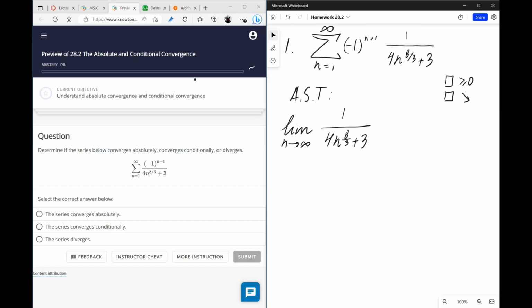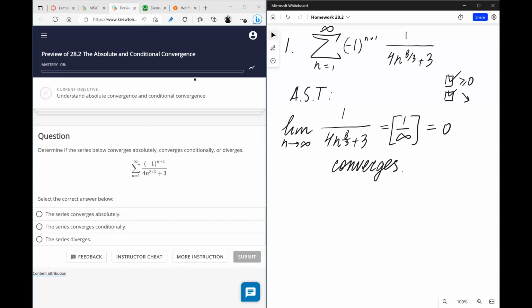To find the limit, it's pretty straightforward. It's 1 over infinity, so it has to be equal to 0. Now we can verify that it's positive and decreasing, and therefore by the alternating series test, this series converges.